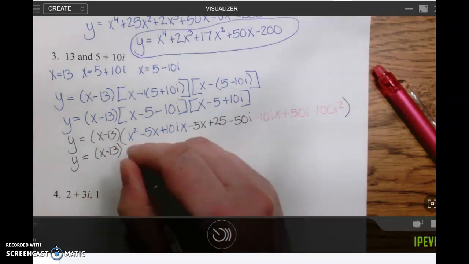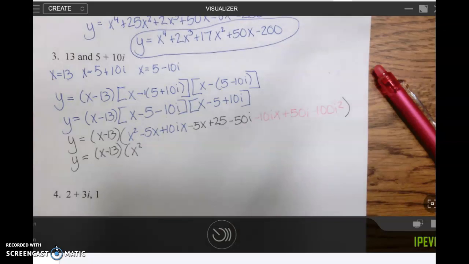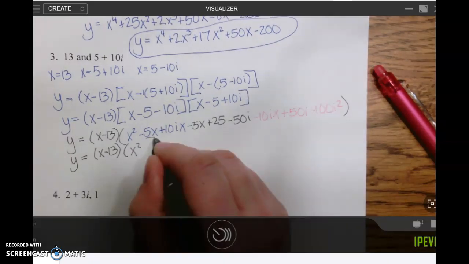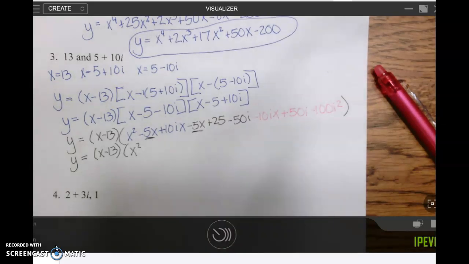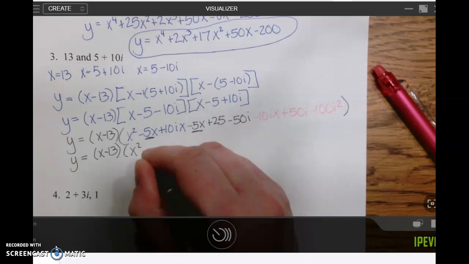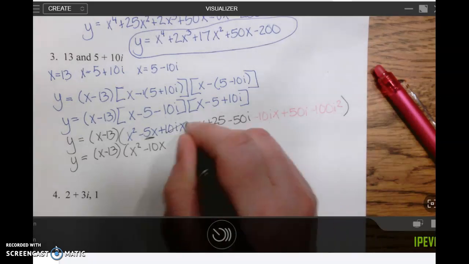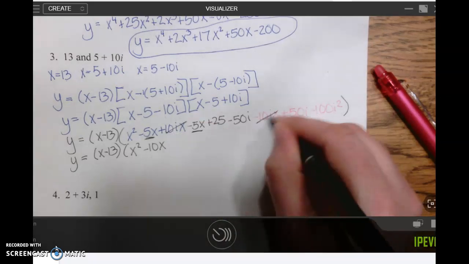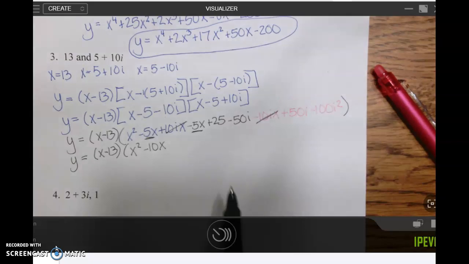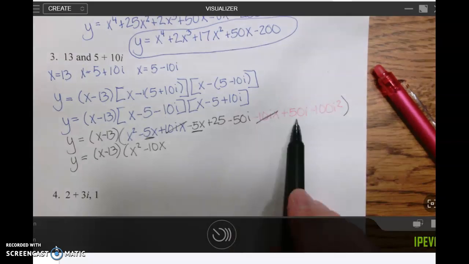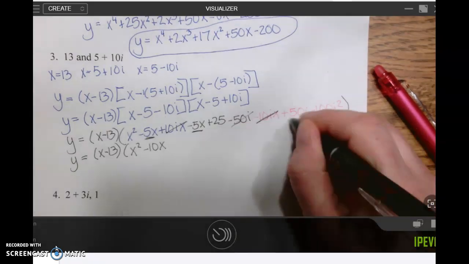So we have x squared, and that's the only squared term besides i squared. We have negative 5x, negative 5x, and that is it for just x's, so that's negative 10x. And then we have plus 10ix and minus 10ix. Those will cancel. Let's see here. We have a negative 50i and a positive 50i. Those will cancel.